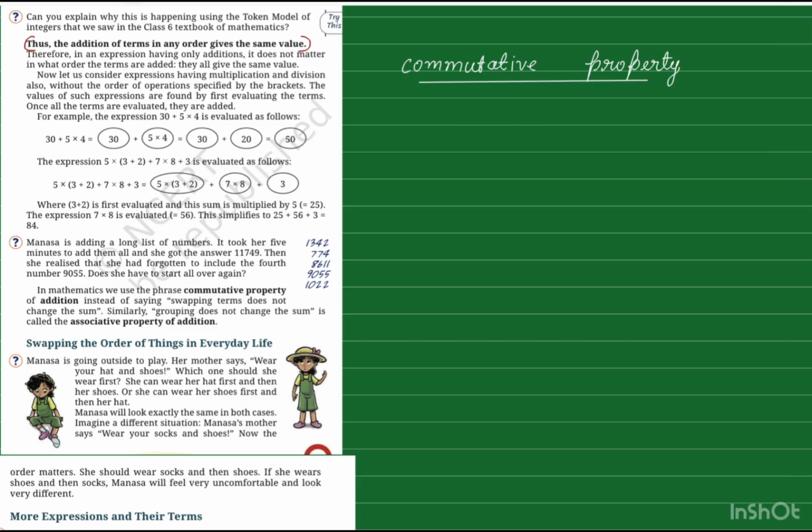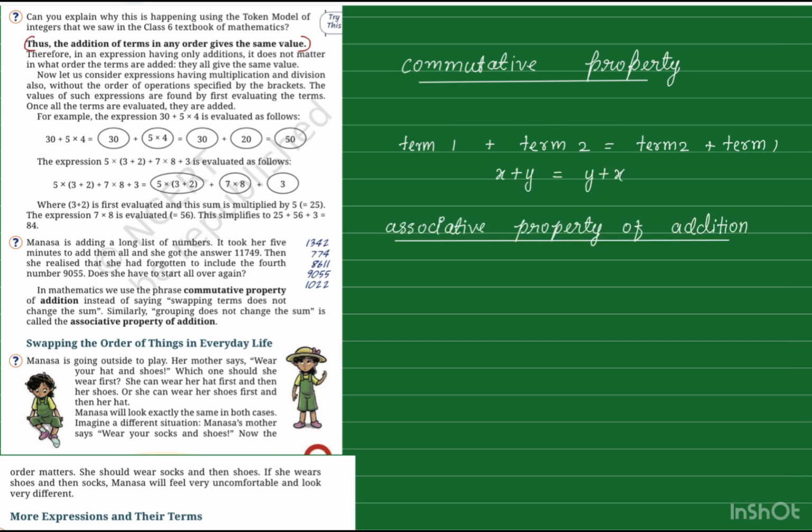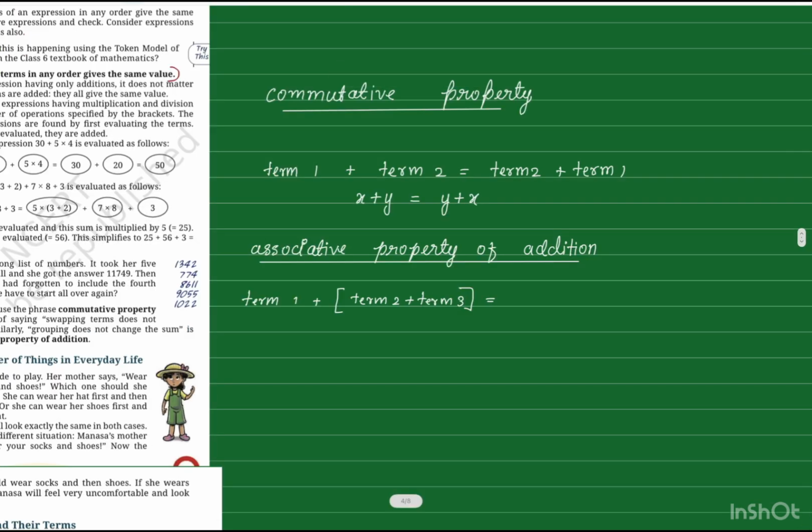Commutative property. The commutative property shows that term 1 plus term 2 is equal to term 2 plus term 1. Take x and y as the numbers, then we can also say that x plus y is equal to y plus x. Commutative property of addition.